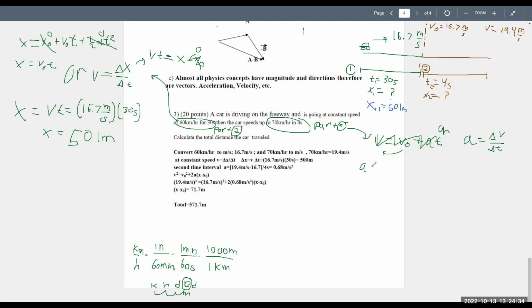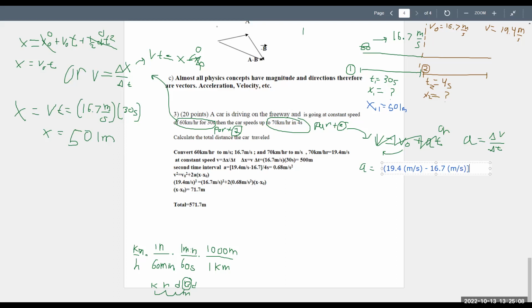So then acceleration is equal to, I'm gonna type this out. V final should be 19.4 meters per second. The initial should be 16.7 meters per second.